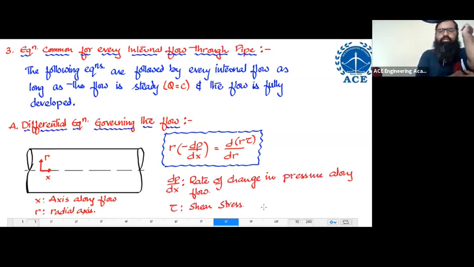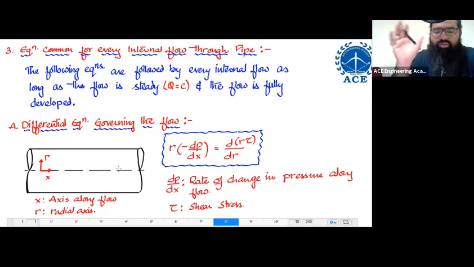Please understand this thing, that as you are moving along the flow, what is going to happen to the total energy? Ask yourself this thing. I told you when we started this chapter, every flow over here is viscous, every flow over here is real. That means you are supposed to have losses.